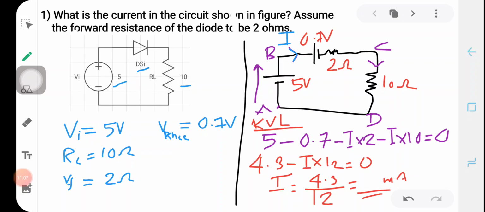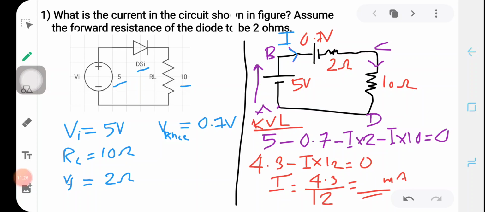I am not giving the final answer here because you have to calculate this value 4.3 by 12 and reply with the answer to this question.